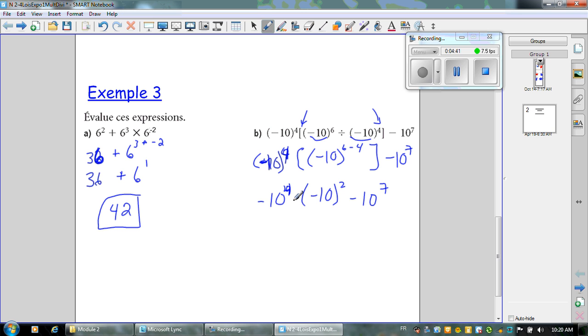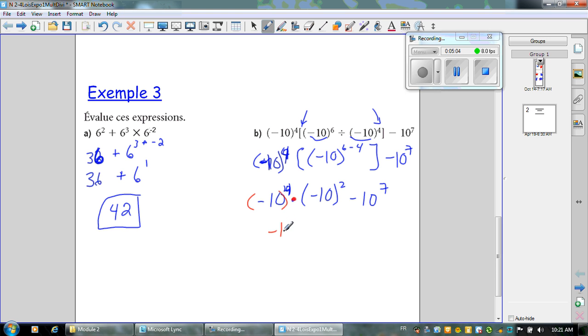All right, so 10 is not a bad one to calculate because it's easy to evaluate. But here I can still simplify because these two here are multiplied together. When I have the same base, negative 10, and they're multiplied together, I can add my exponents.